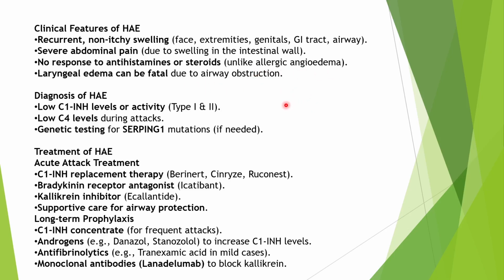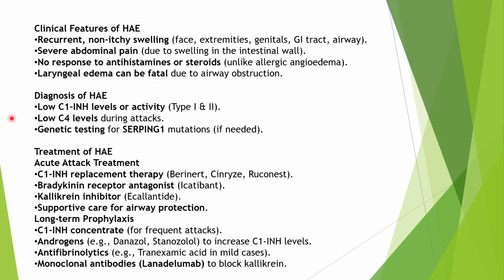So, angioedema can also occur because of other allergic conditions or reactions, but in those cases antihistamines or steroid-based drugs can help. But if there is no response with these, it can be hereditary, or HAE. So laryngeal edema is also one of the features. It can be fatal due to airway obstruction.